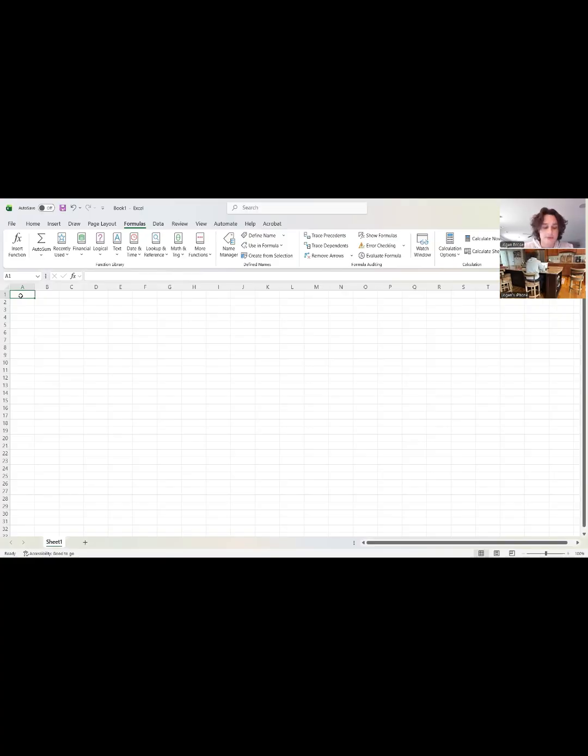So from the problem, we remember that we had our T left, right? That equaled 100 degrees Celsius. Our T right equaled 200 degrees Celsius. Our T top equaled 310 degrees Celsius. And then our T bottom, that was 250 degrees Celsius, right?